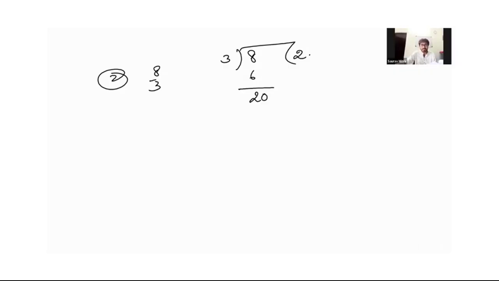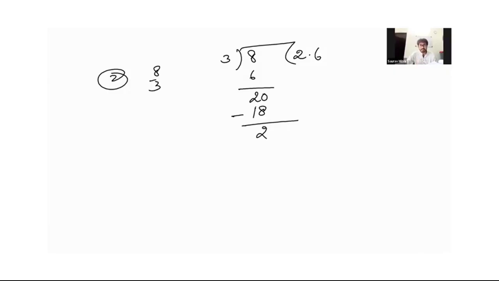Now in the table of 3, 18, 6 times 3 is 18, comes under the table of 3. So we write 6, subtract from 20. We have to repeat this process until we get our remainder as 0.